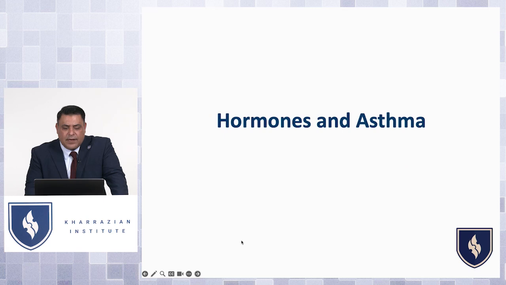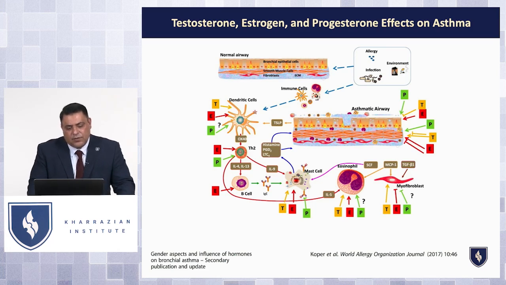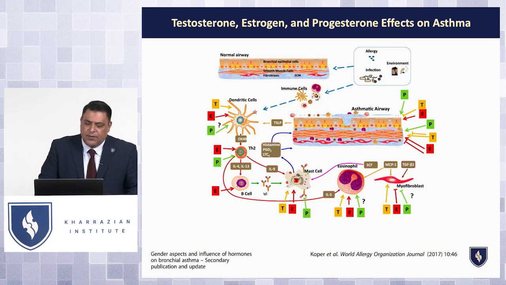Now, another key thing to know about asthma, besides the microbiome, blood sugar stability, and adrenal function, is hormones. There's a very strong relationship between hormones and asthma. This paper that was published has great diagrams, and if it's included in your course materials, it was an open access paper.